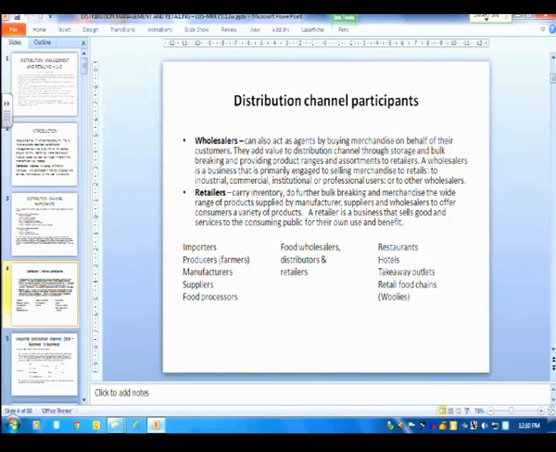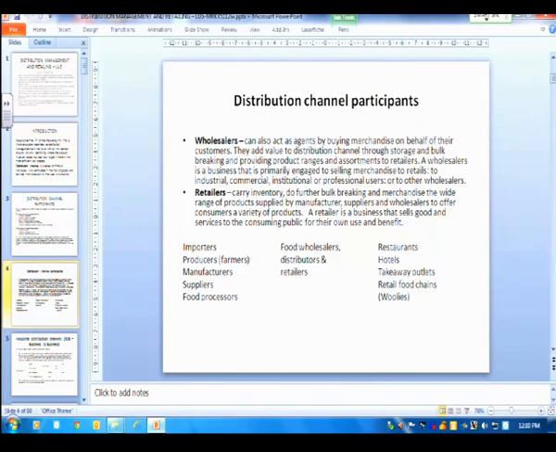A wholesaler's business is primarily engaged in selling merchandise to retailers, to industrial, commercial, institutional or professional users, or to other wholesalers.